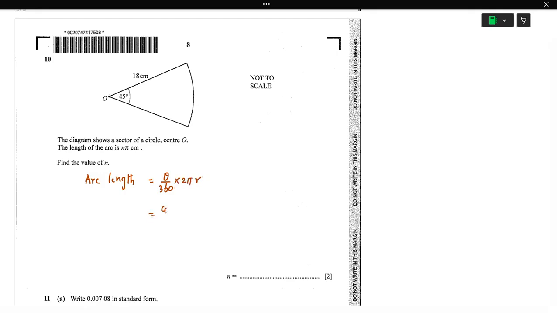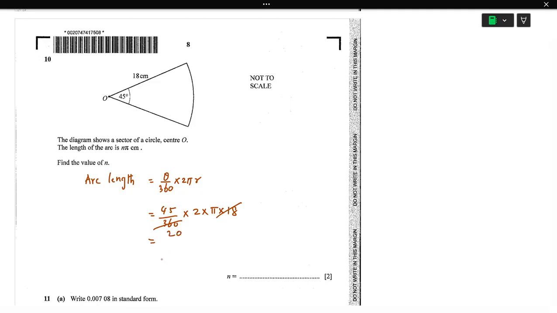So theta is given, which is 45 over 360 times 2 into pi into radius, which is given as 18.